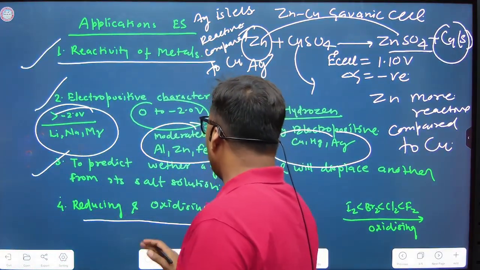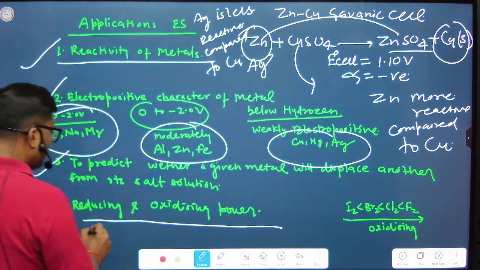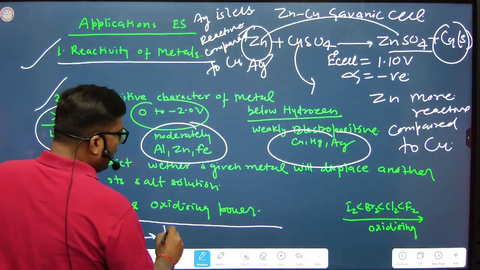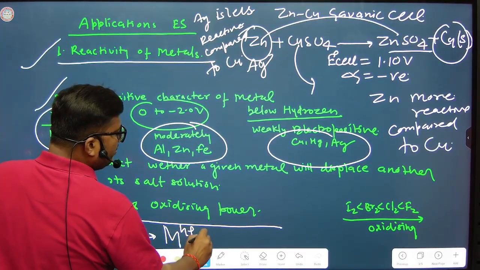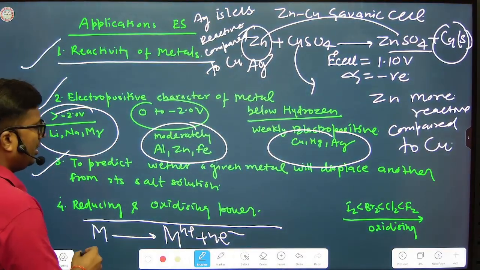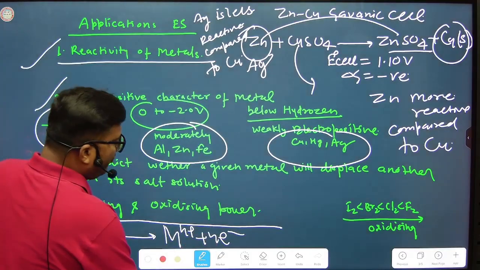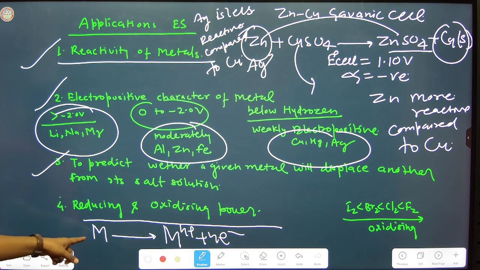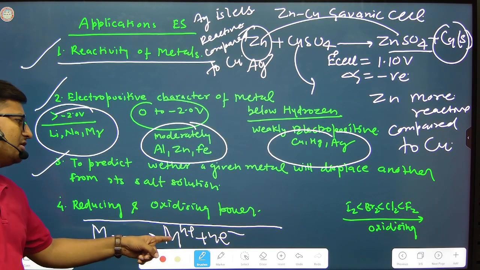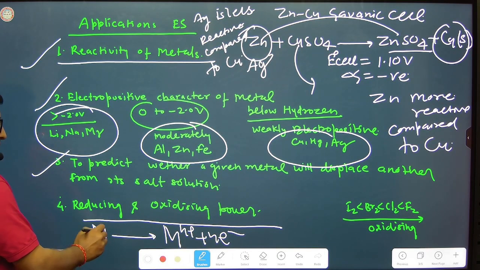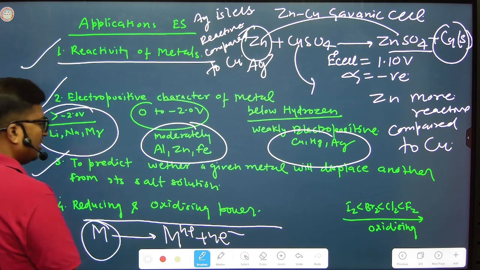So it is called a reducing agent. It means once this metal undergoes M going to Mn+ plus n electrons, this half reaction tells us that the metal is going to be oxidized to form Mn+, right? So it means this metal is reducing.